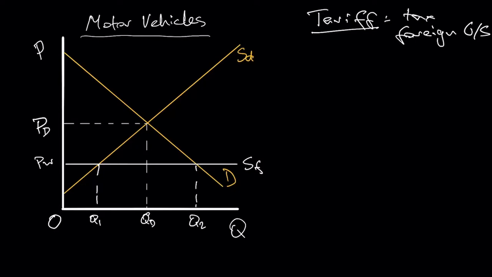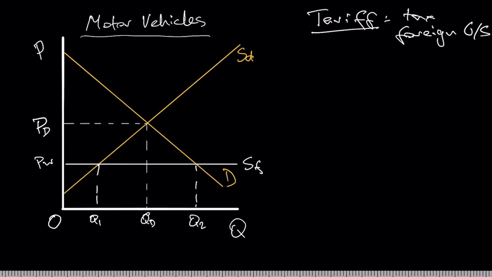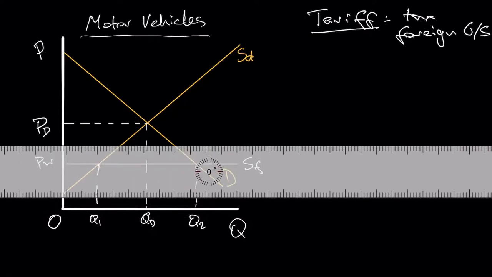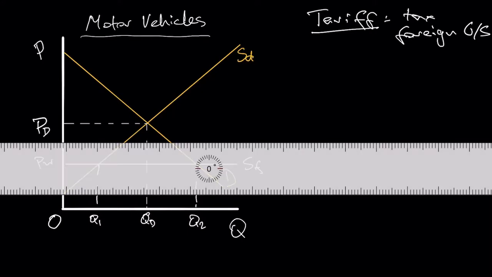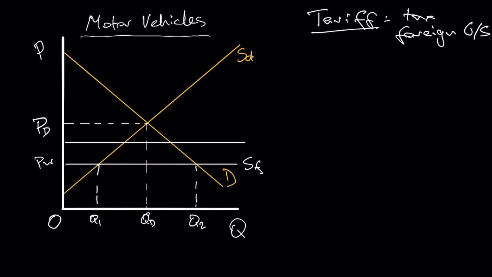Now, if the government decided to protect this industry by placing a tariff on it, they're going to place a tax on this good which will increase the price to above the world price and still below the domestic price. We'll label this T, the tariff.